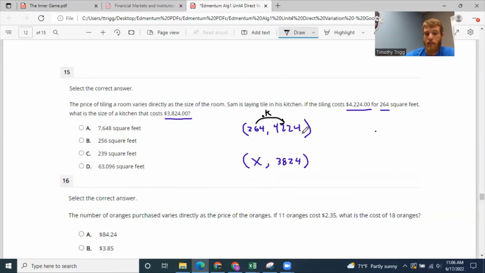Well, then I divide, right? 4,224 divided by 264 gives me that K is 16. So the multiplier here is 16, right? Times 16. So X times 16 gives me that.